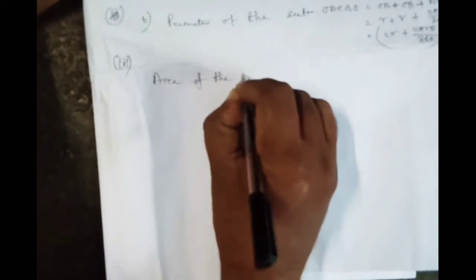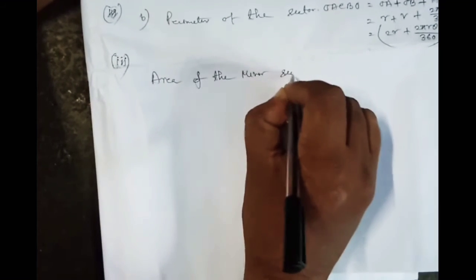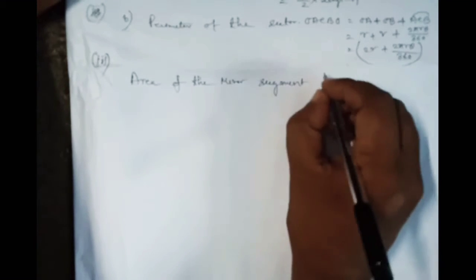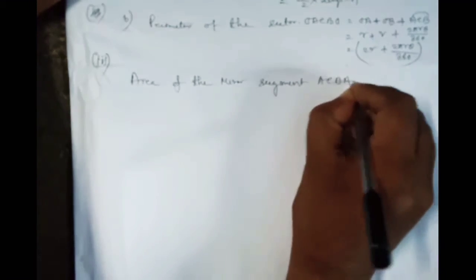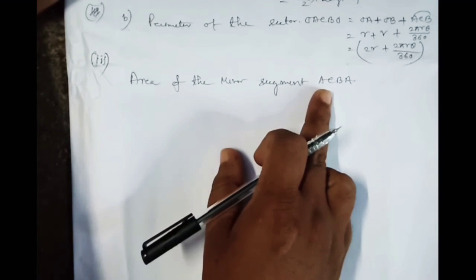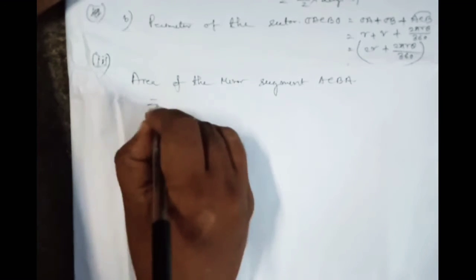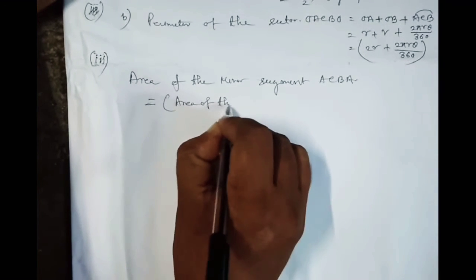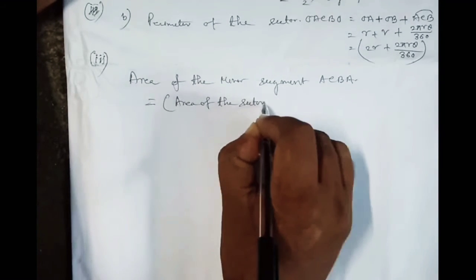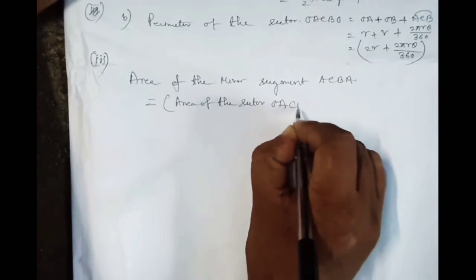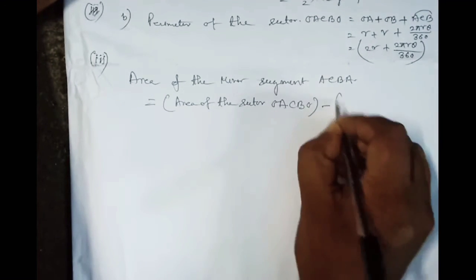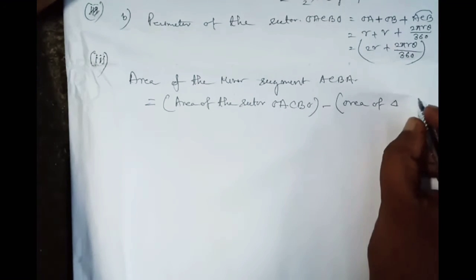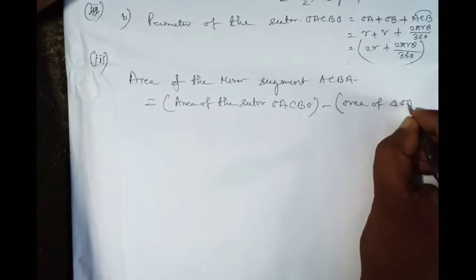area of the minor segment, that is ACBA. So that's equal to area of the sector OACBO minus area of triangle OAB.